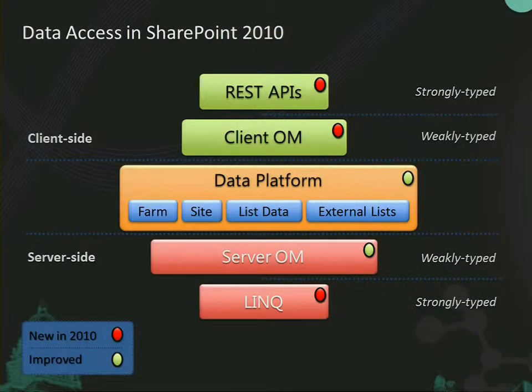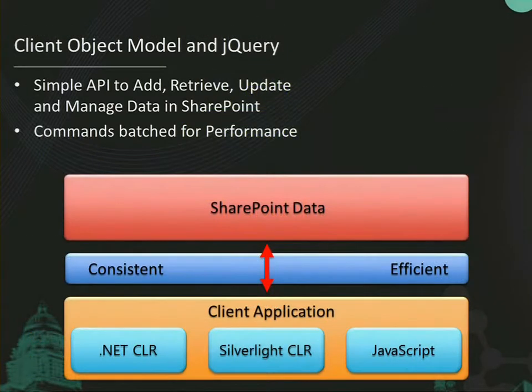Another API that you can make use of, also brand new, introduced in SharePoint 2010, is the REST API. Maybe you know some other sites on the internet that are exposing REST APIs, think Twitter, Flickr, that kind of stuff. SharePoint 2010 also has a REST API that you can also make use of in your JavaScript code that uses jQuery, for example. First demo that I would like to show you will actually get some data from a SharePoint site. Oh, sorry, before I do that, one more slide.